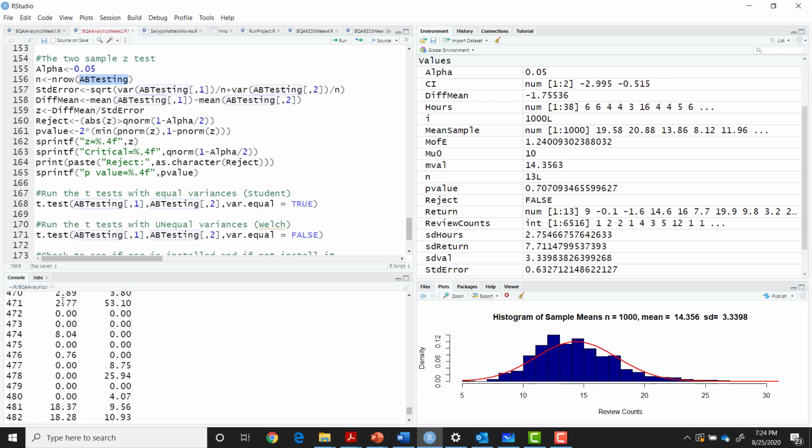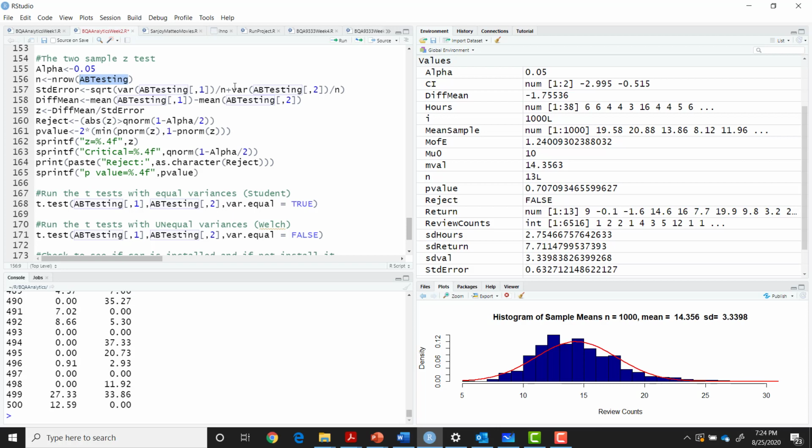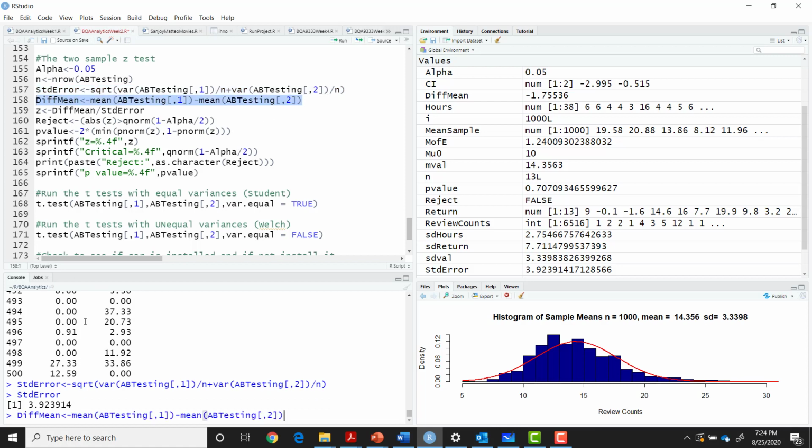It's literally a column with spends on website A and a column of spends on website B. We calculate the standard error, which is the square root of the variance of group 1 over n1 plus the variance of group 2 over n2, and they're both the same for this example. And we have the standard error. And we have the difference between the means, x bar 1 minus x bar 2.